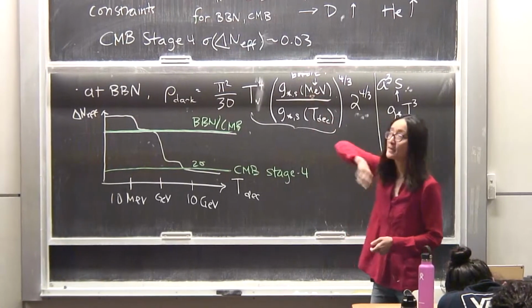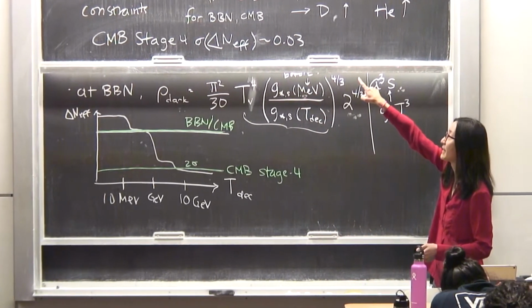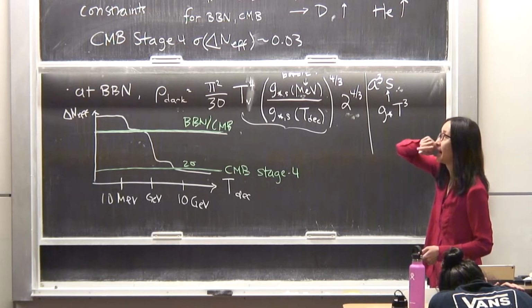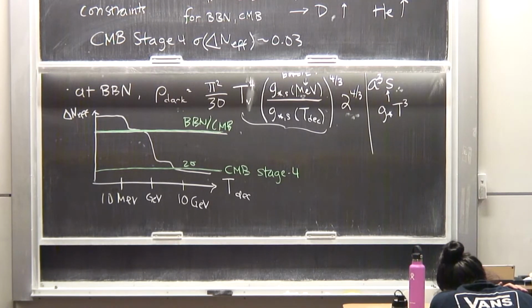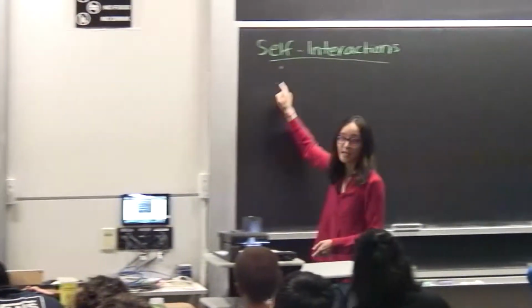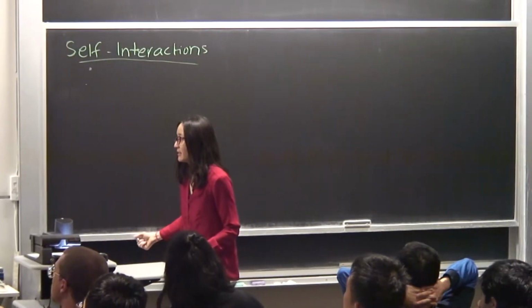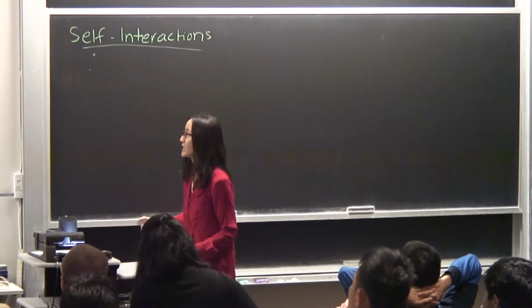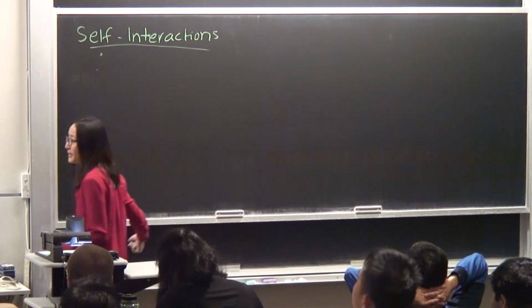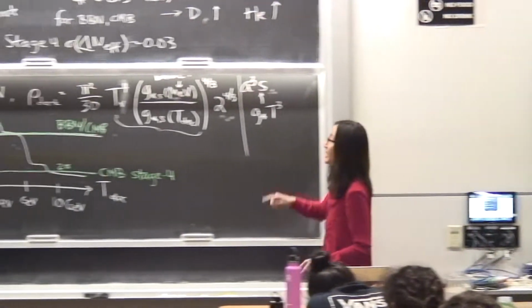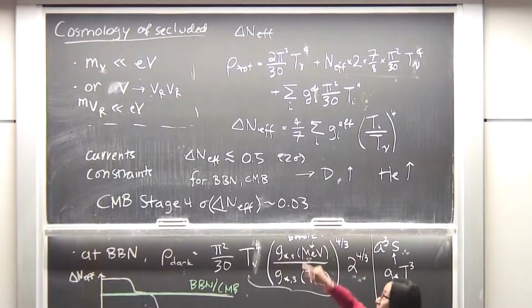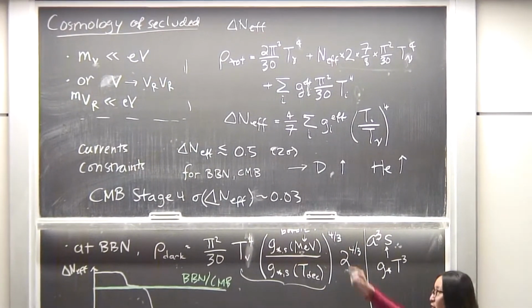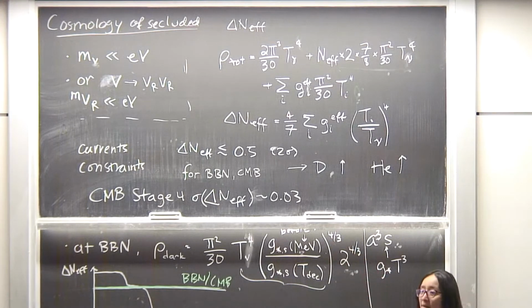We identified 2 possible scenarios: this mediator is very light, or the mediator decays to dark radiation. If the mediator is light, it can mediate these self-interactions. And as I'll show shortly, the self-interaction constraints actually exclude a lot of the light mediator scenario and force you into models where the mediator decays to light radiation.